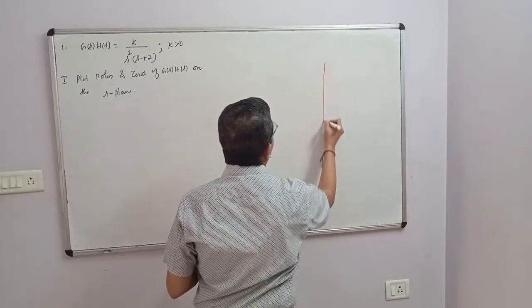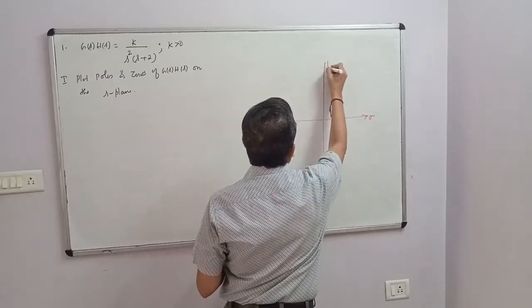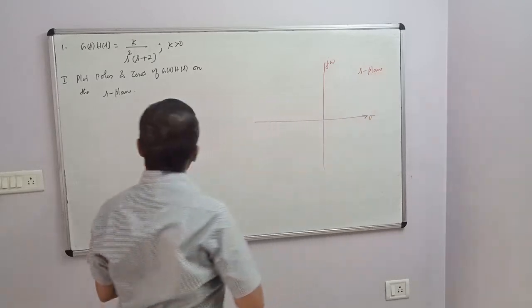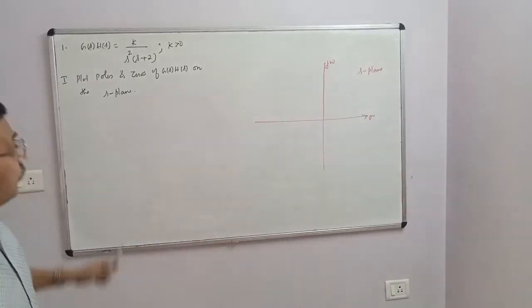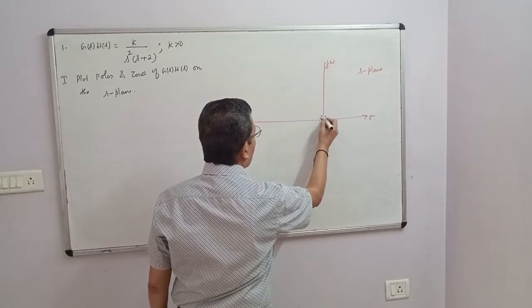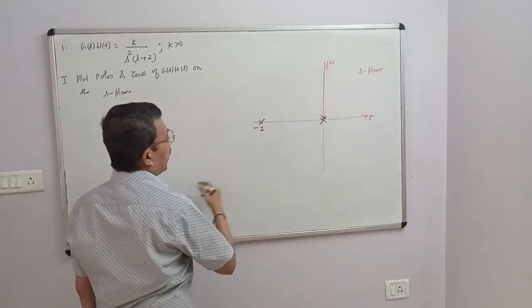S plane is a complex plane having real axis sigma, imaginary axis j omega. This is the S plane. We'll mark the poles. What are poles? Roots of the denominator polynomial. We have two poles at s equal to 0 and another pole at s equal to minus 2.